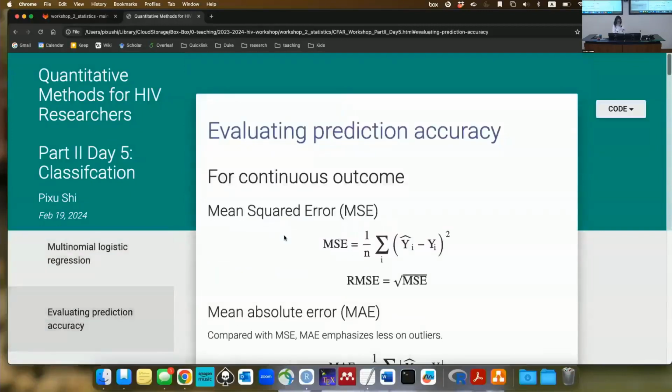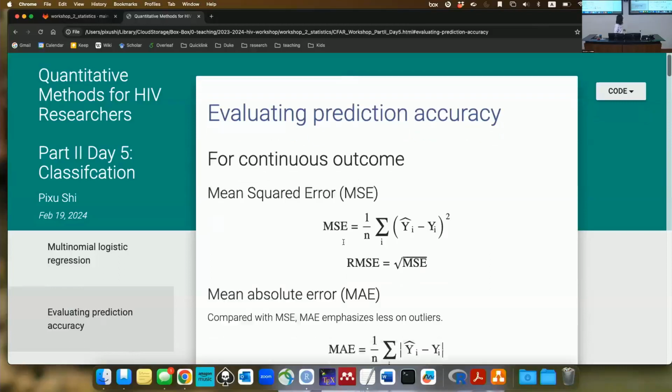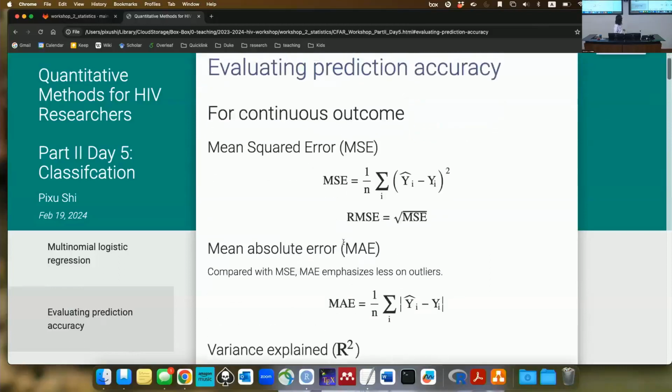So, evaluating prediction accuracy. Last time when I talked about linear regression, I should have included this quantification for prediction accuracy for a continuous outcome. Basically, you have three very intuitive measures that are quite popular. The first one is mean squared error.